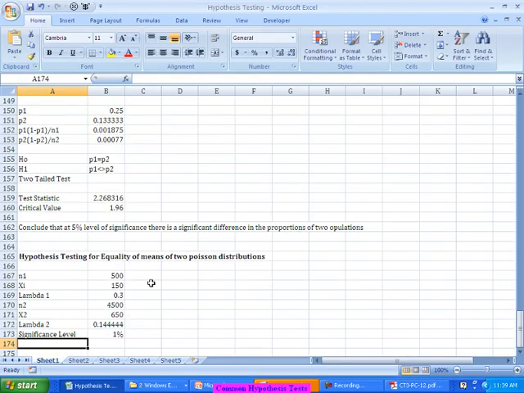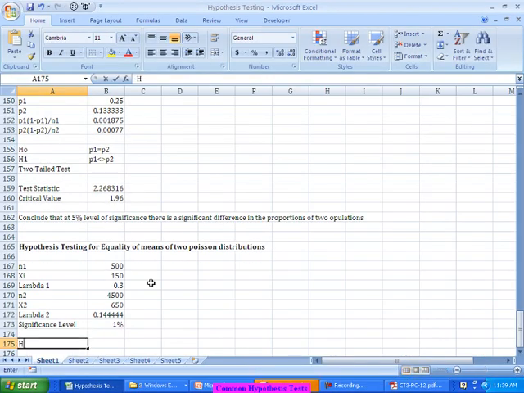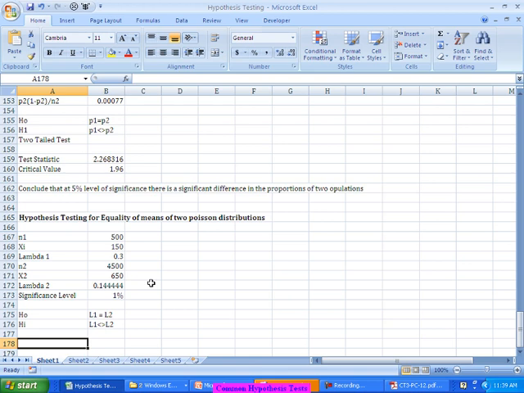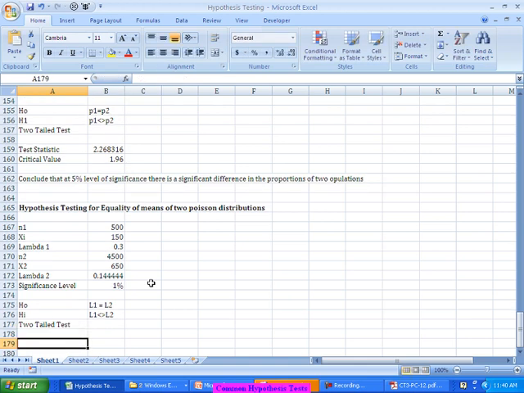So same means we are going with the null hypothesis saying lambda 1 equal to lambda 2, and alternate hypothesis saying lambda 1 not equal to lambda 2. It's a two-tailed test because we are not testing for greater than or less than, and we have already seen that this follows a standard normal distribution.